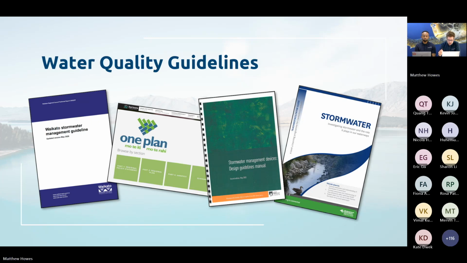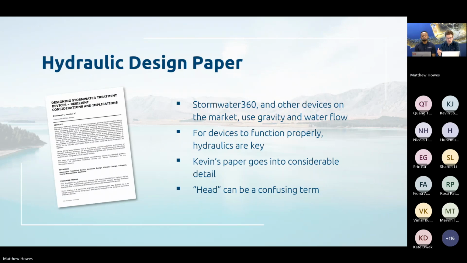So it's very important that we're thinking both about the treatment outcome, but also the hydraulics and the implementation of that device. And Kevin Jonathan, who helped me present this webinar last year, he's our lead technical engineer, and we wrote a paper on the hydraulic design of stormwater treatment devices, and how to make those designs resilient and the implications for thinking about those.